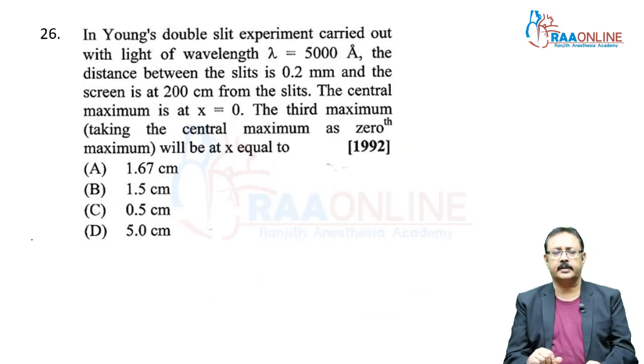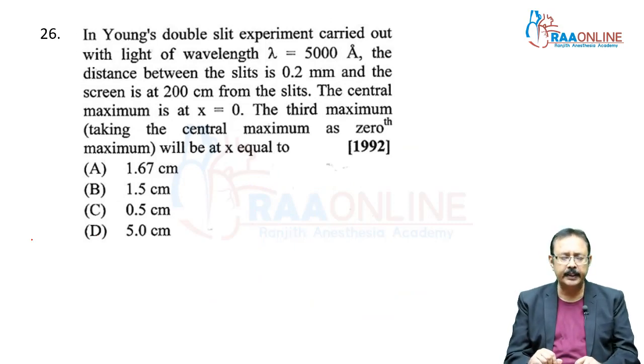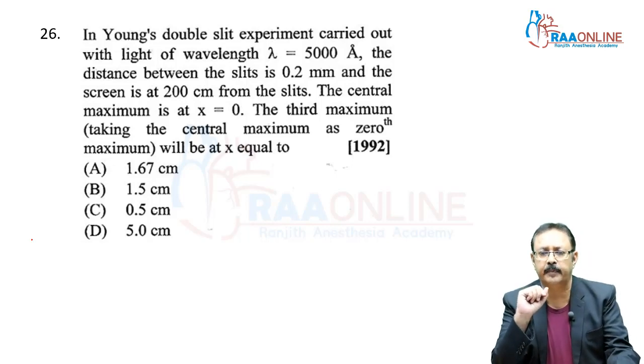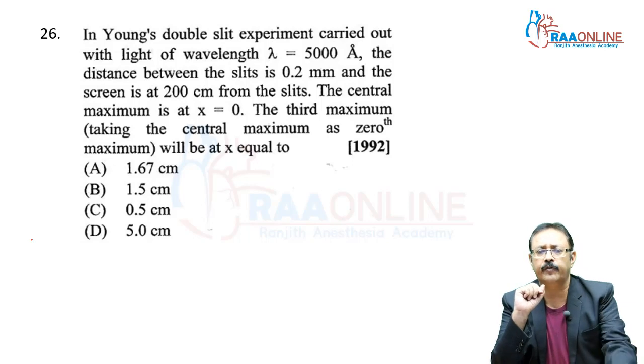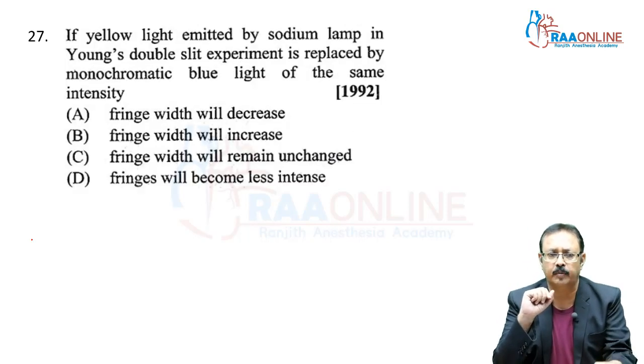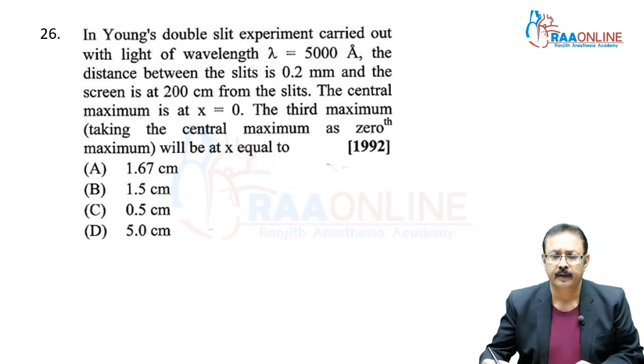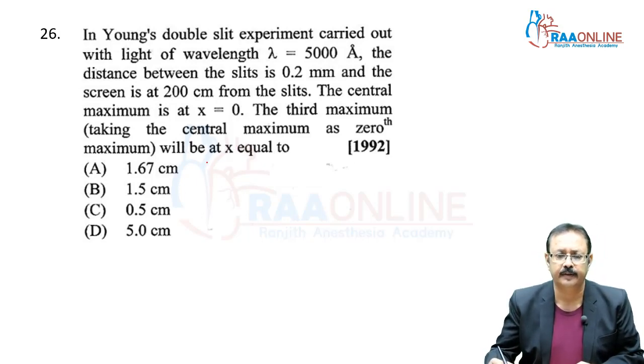Next, question 26. It is from 1992 AIPMT. In Young's double slit experiment carried out with light of wavelength 5000 angstrom, what is given? Lambda is given, 5000 angstrom, which means 5000 into 10 to the power minus 10 meter.